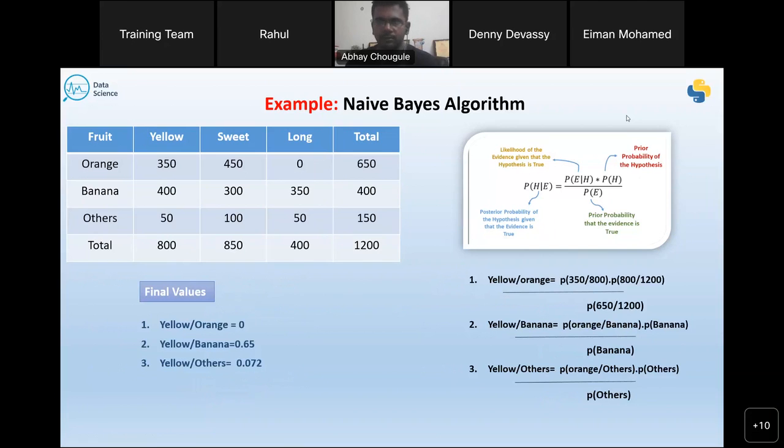Now, what is the point? This is not just the yellow orange point, this is all yellow, sweet, and long. I mentioned yellow here, but at the end, after the calculation of yellow orange, sweet orange, and long orange, you will get 0. Check once whether this is correct or not.